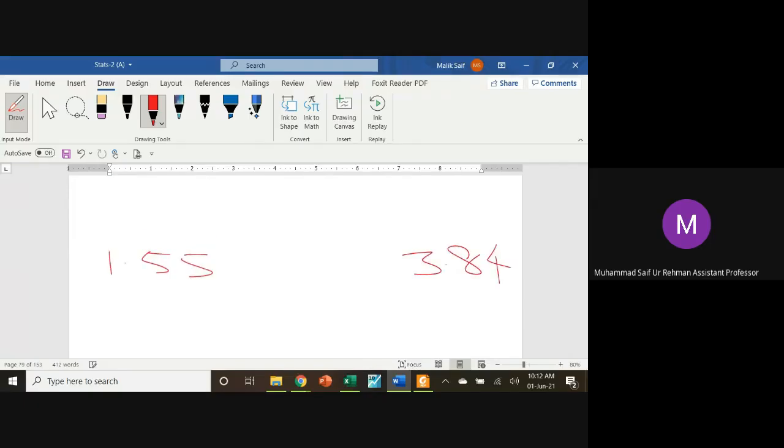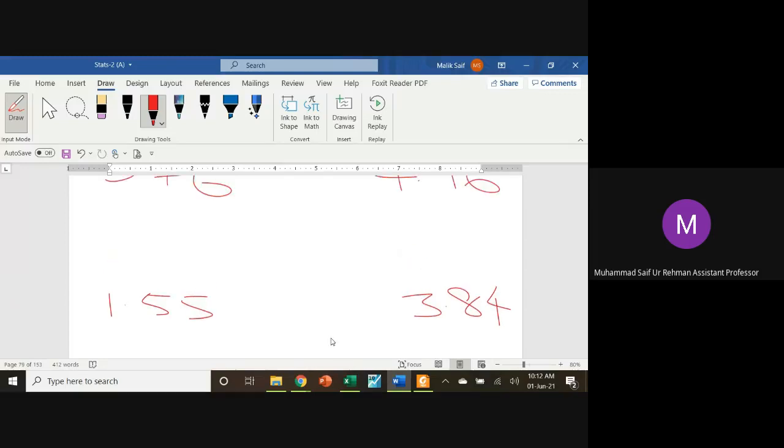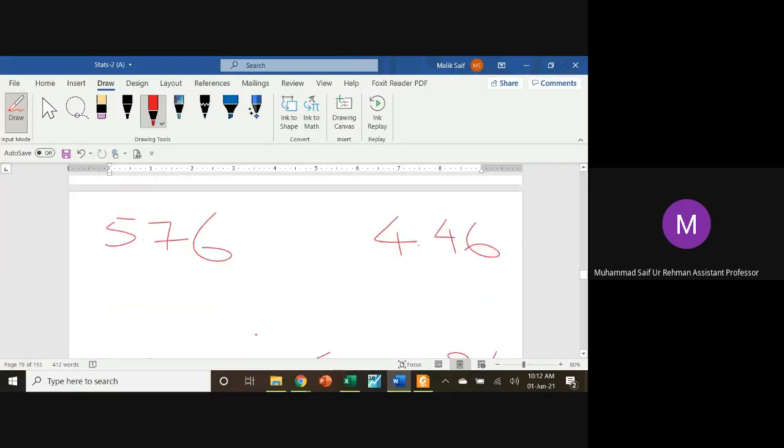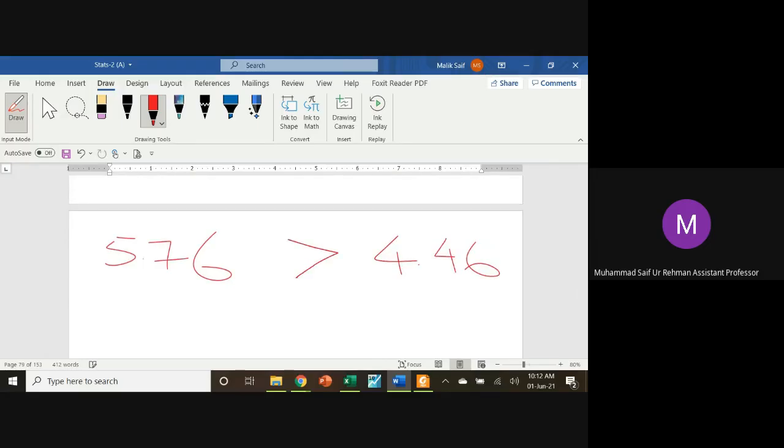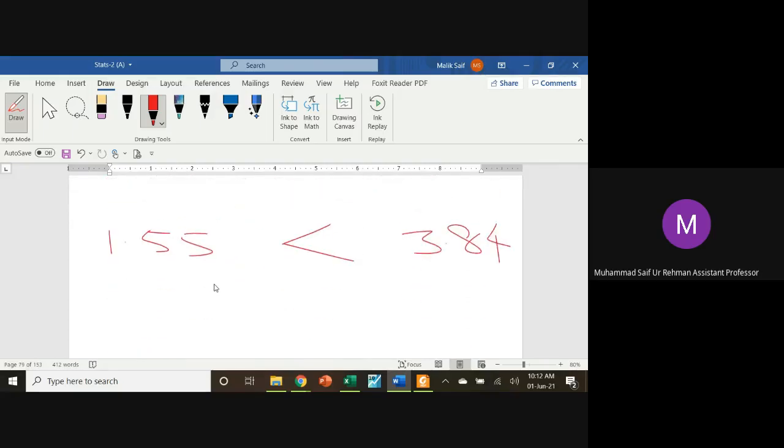So 3.84 was the critical value that we wrote. In this case, this is greater, and in this case, this is greater. So F1 rejected. It means reject H naught bar. And in this case, don't reject H naught bar bar.